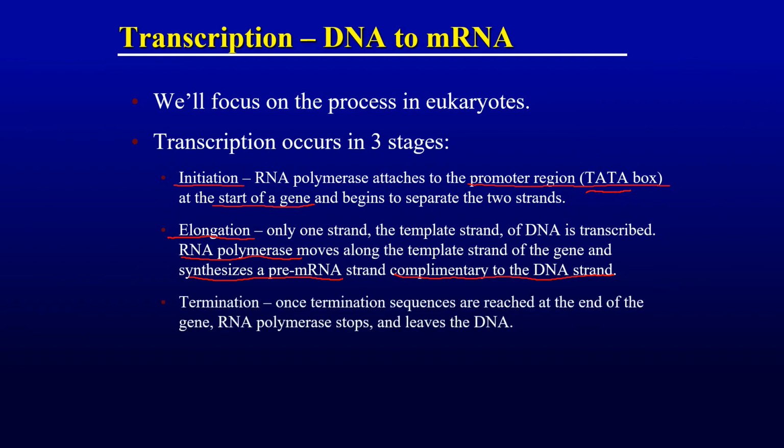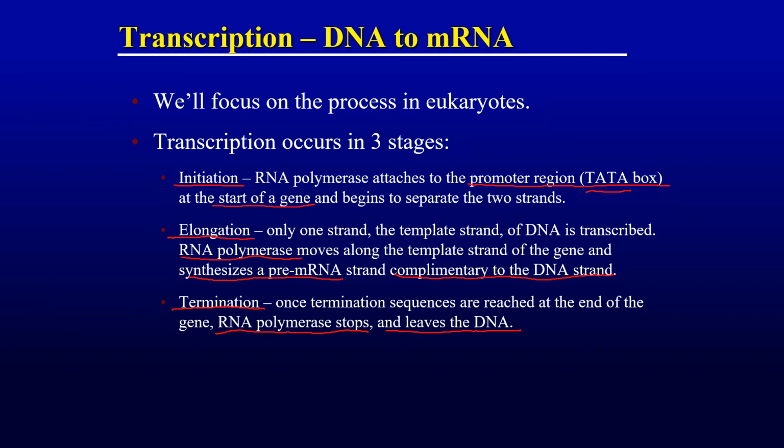And the third stage is termination. So once a termination sequence on the DNA is reached, and usually that's at the end of the gene, RNA polymerase stops its elongation and it leaves the DNA molecule. Alright, so 3 stages.